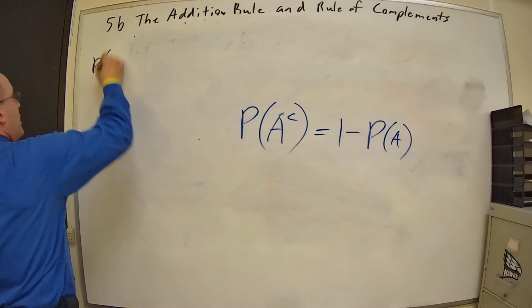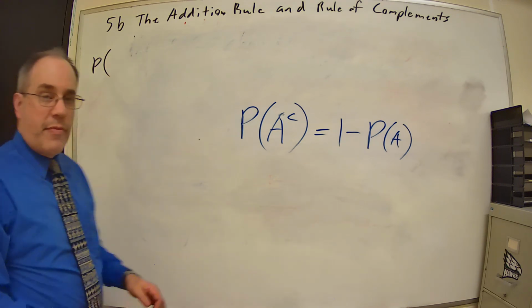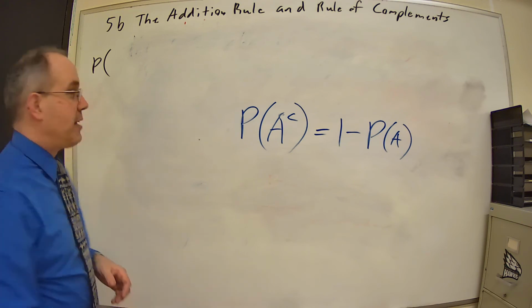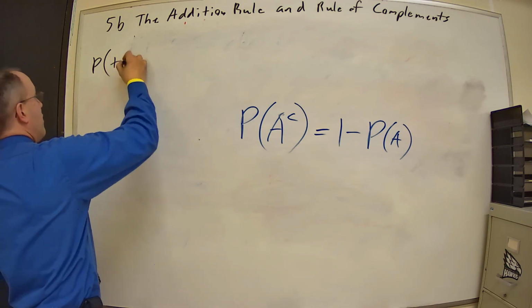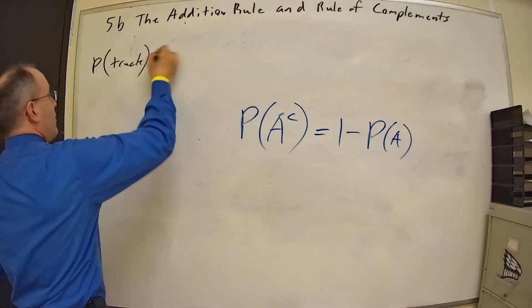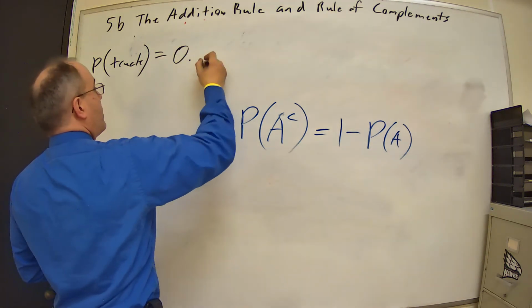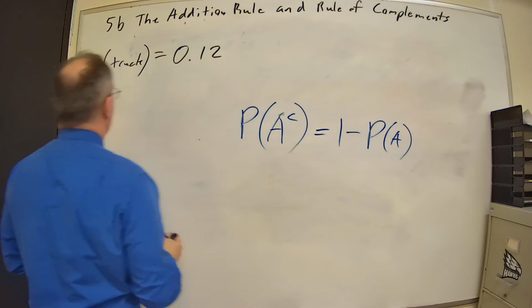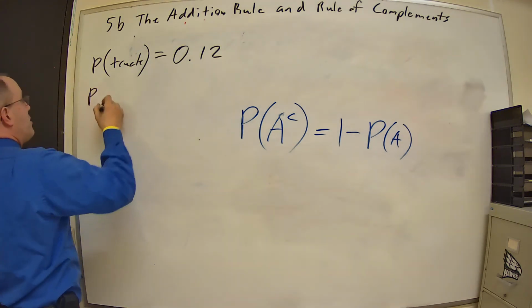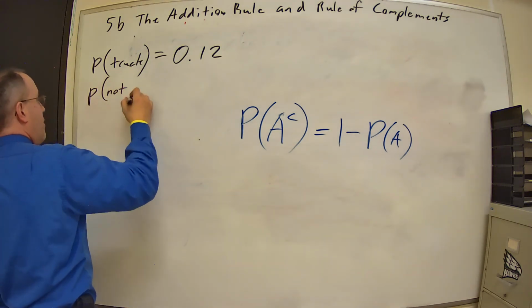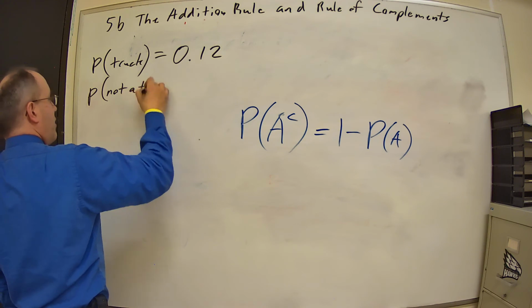The probability that I randomly select a truck from the parking lot is 0.12. What's the probability that I do not select a truck?